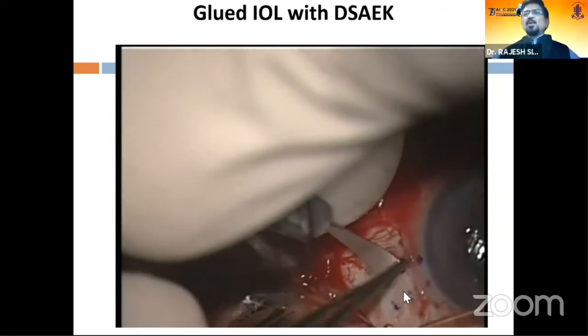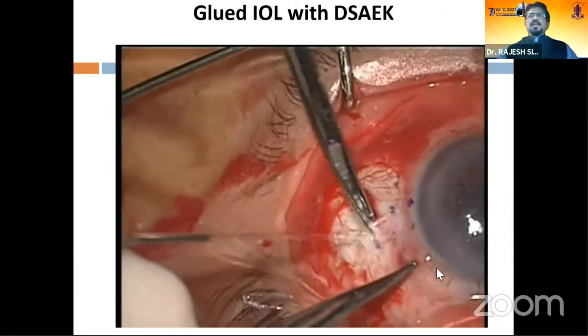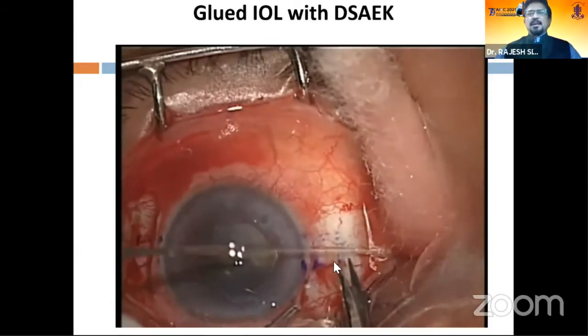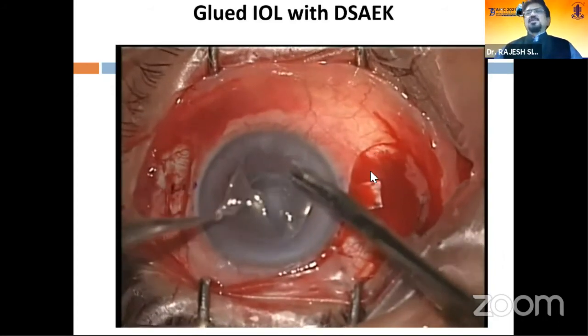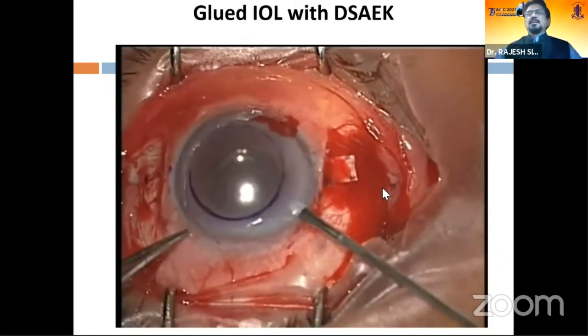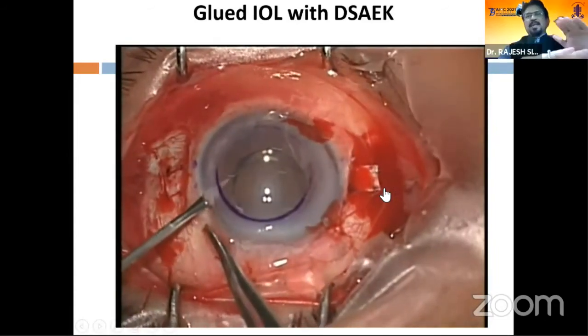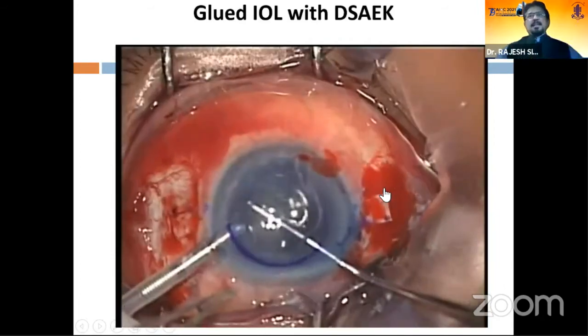So normally what I do, I have slightly modified the technique which has been reported earlier. And I make a flap with a dissection adjacent to it, so as to create a groove in the same plane as the base of the scleral bed.